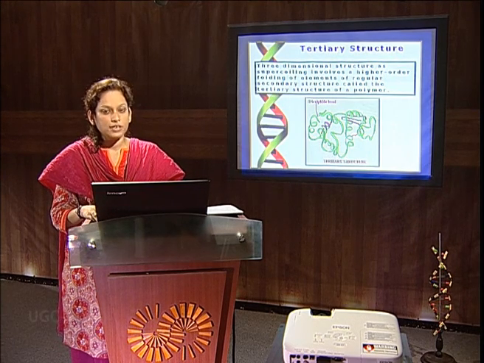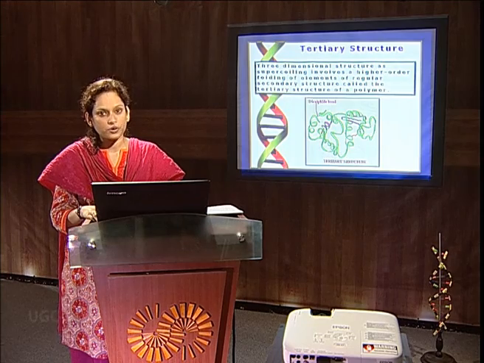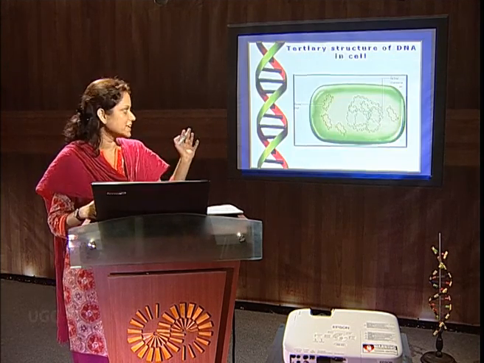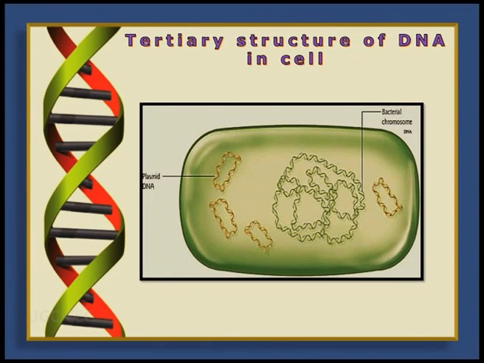Let us see now what we mean by the supercoiled or the tertiary structure of DNA. When we see this kind of a feature or a diagram very commonly in the textbooks, we find that the bacterial cell contains different types of circular, highly twisted chromosome.